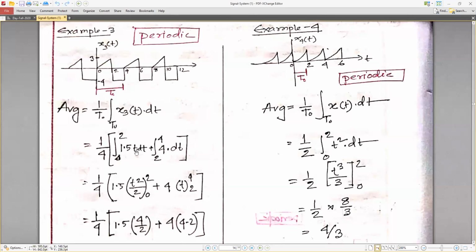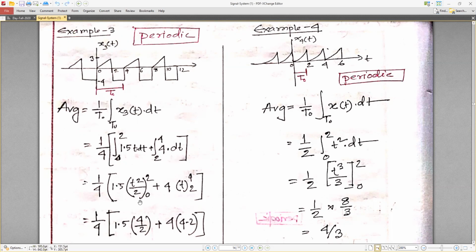So if we integrate this, t square by 2, 0 to 2, we can write like this. Integration of t dt, that means t square by 2. Integration of dt, that is 1, only t would be there. So only t, that is 4 by 4 2.